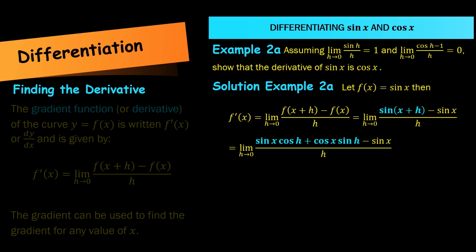Using the angle formula for sine, we have that sin x plus h equals sin x cos h plus cos x sin h. Minus sin x is left as it is, as shown. And of course, h remains as it is also.